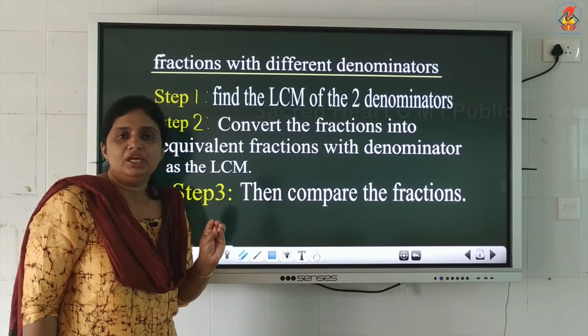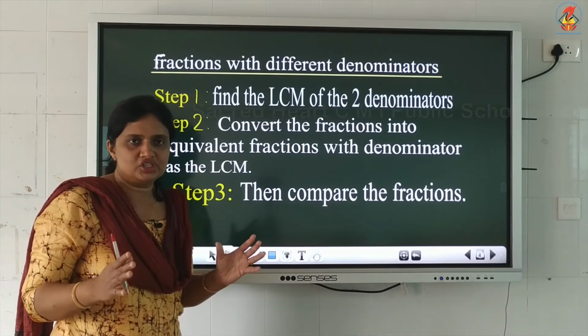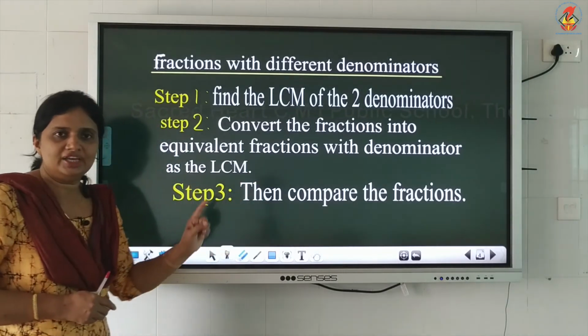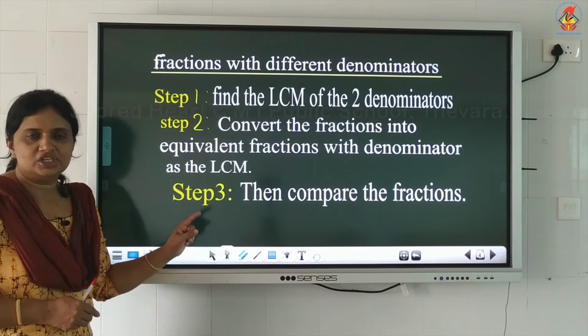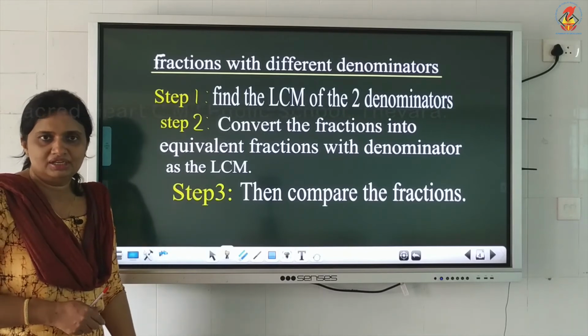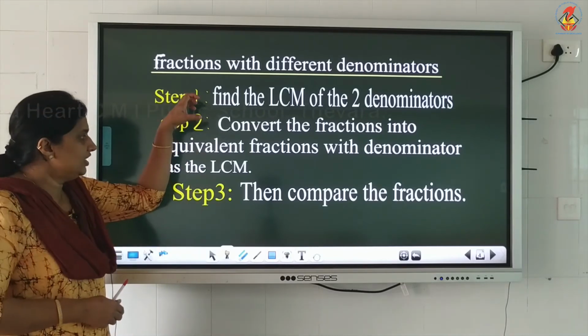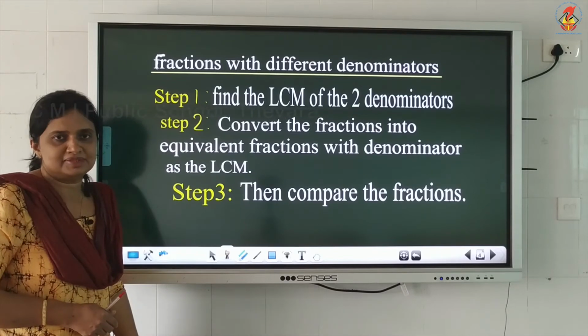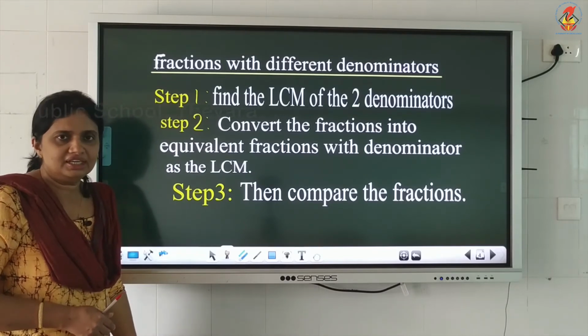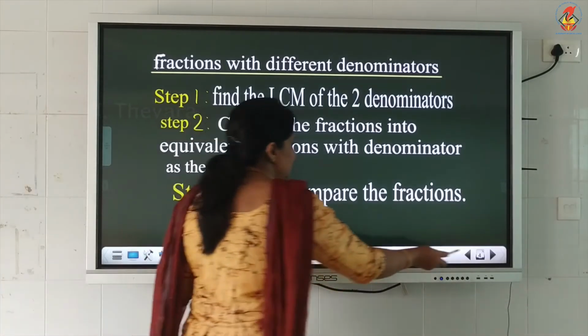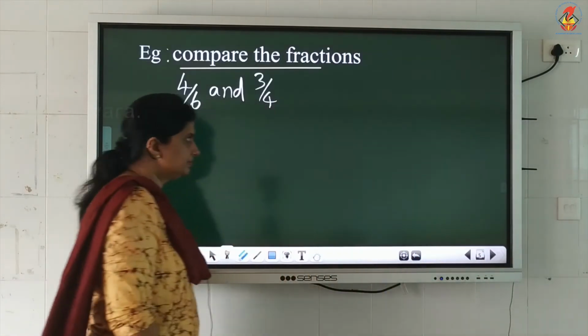Remember one thing, you can compare only like fractions. That's why we need to change unlike fractions into like fractions. For that we need to finish these 3 steps. Is it clear? Then I will give you some problems also.